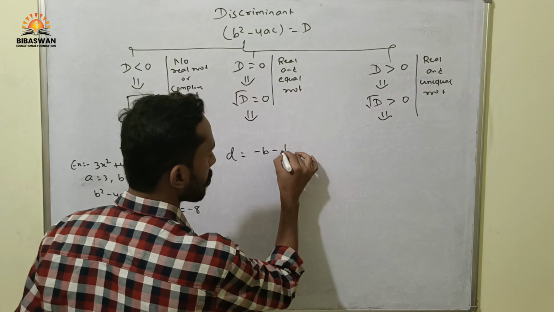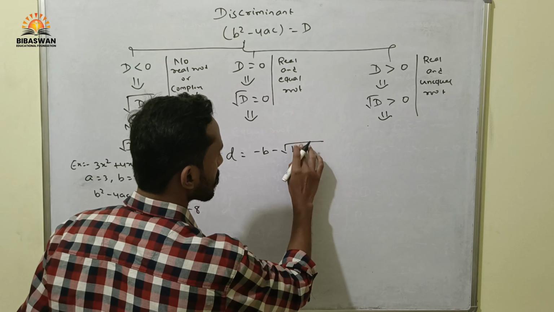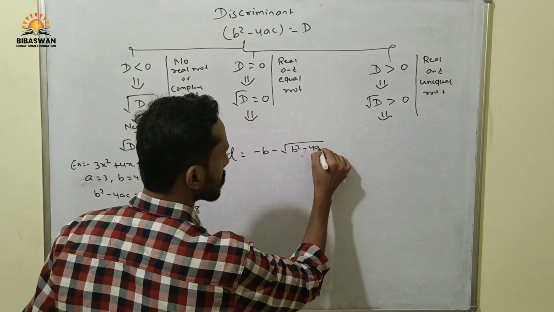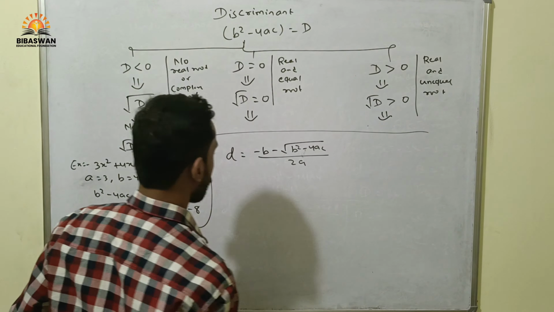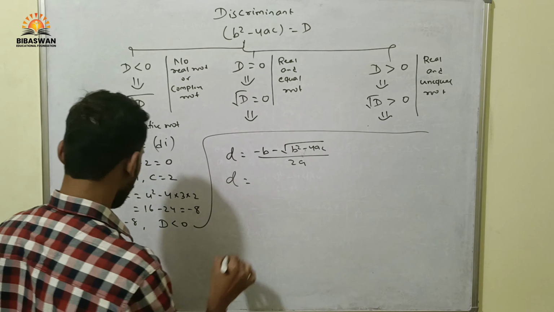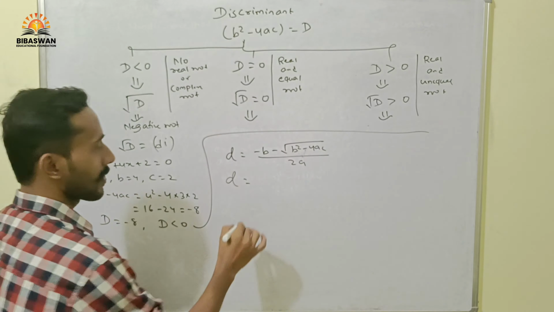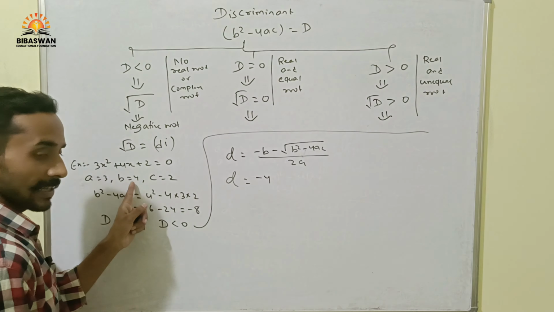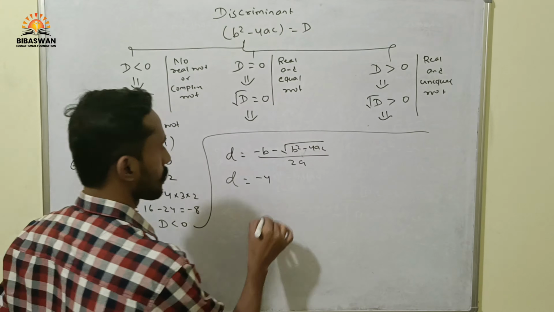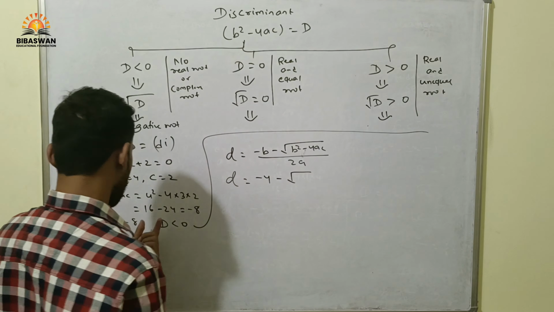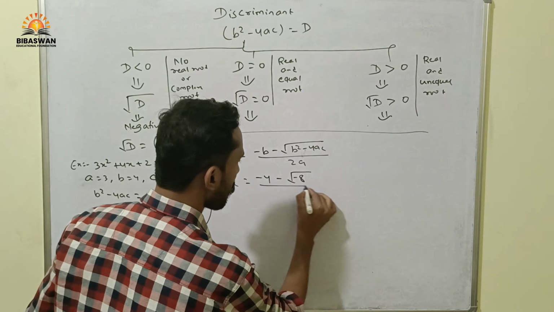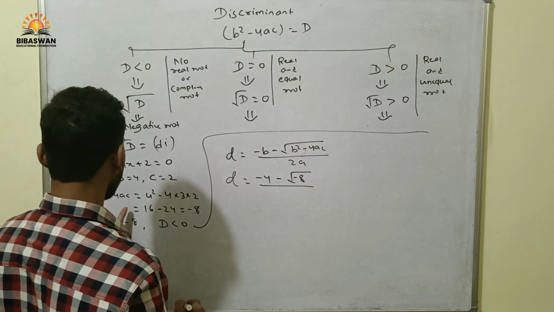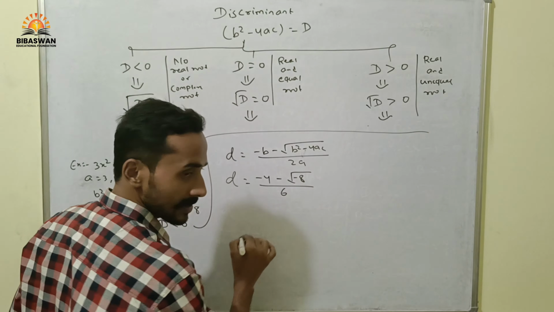Minus b minus root over b square minus 4ac by 2a. The alpha is equal to minus b. What is the value? Here there is 4, so we use minus 4, minus root over minus 8. Understood? By 2a, 2 multiply 3, 6.